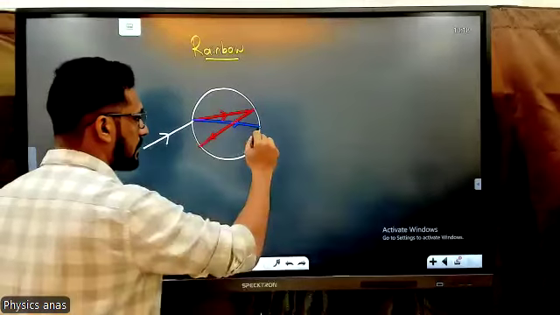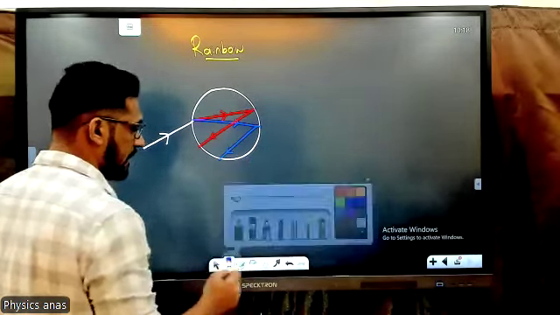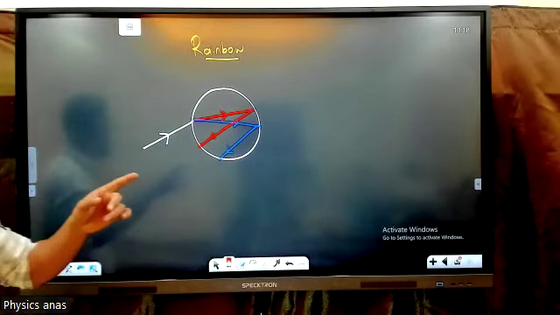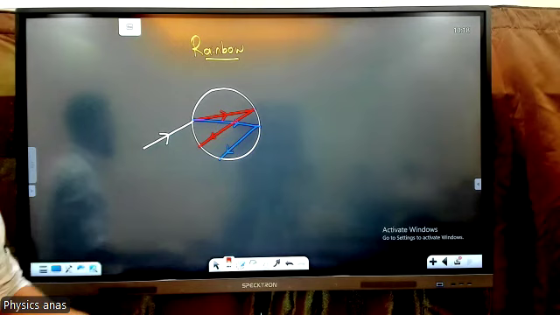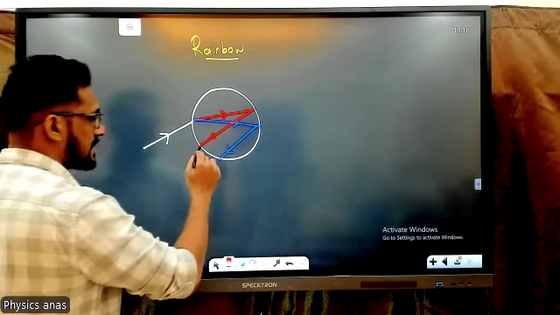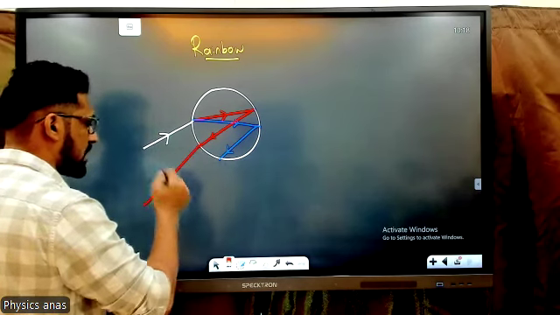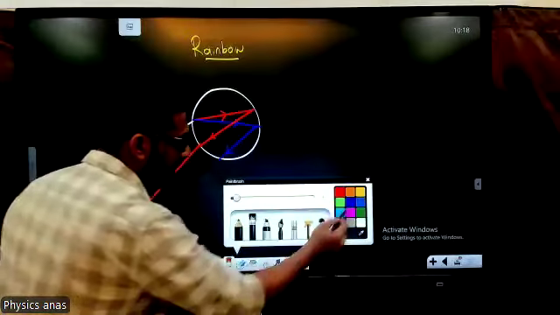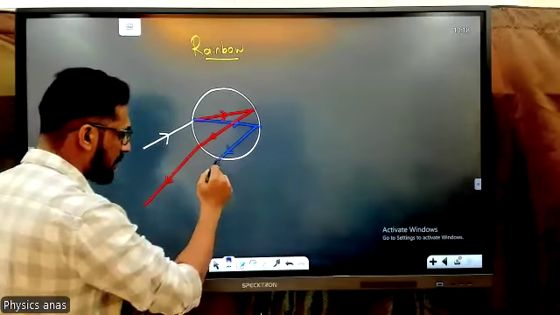And what happens now is, at this point, refraction happens again. Refraction is happening again. At this point also, refraction happens.